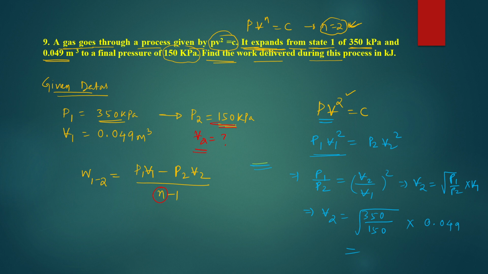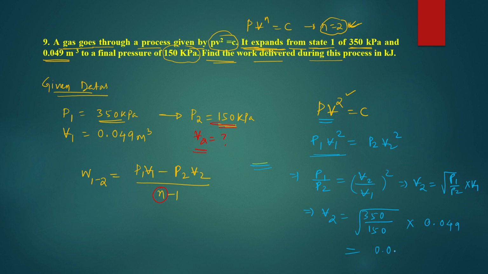So under root 350 divided by 150 into 0.049, right?